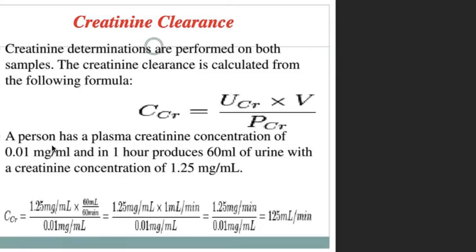They have calculated a person who has a plasma concentration of this in 1 hour producing 60 ml of urine with a creatinine concentration of 1.25. So they put 1.25 here, because this is the concentration in urine, this is the urine flow rate, 60 milliliter per minute, and this is the concentration in the plasma, that is 0.01. This is how they calculate, and they found the creatinine clearance is 125 milliliter per minute, which is completely normal. So this is the creatinine clearance formula.